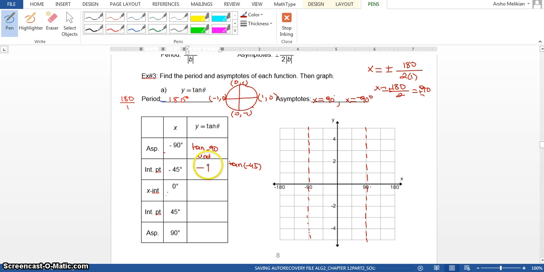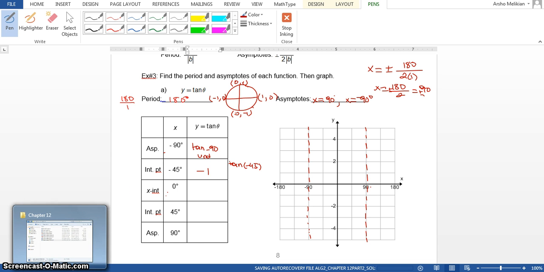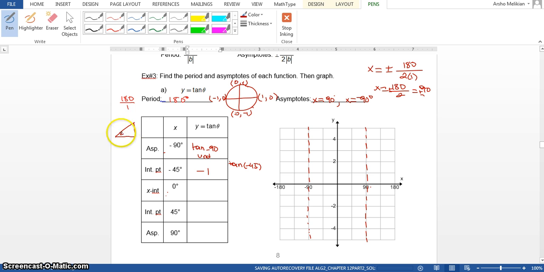So it's going to be negative 1. How do you know it's 1 tangent negative? Because if you've got the 45, 45, 90 triangle, it's 1, 1, radical 2. So the legs, opposite and adjacent, the legs are always equal to each other. So opposite over adjacent is always the same thing. So 1-to-1 ratio. Okay. All right.